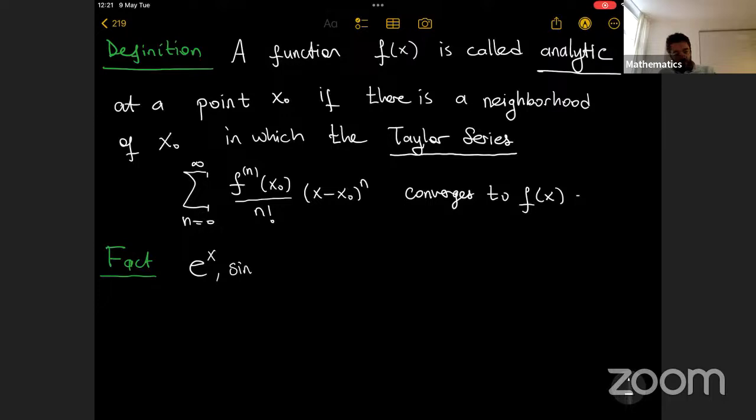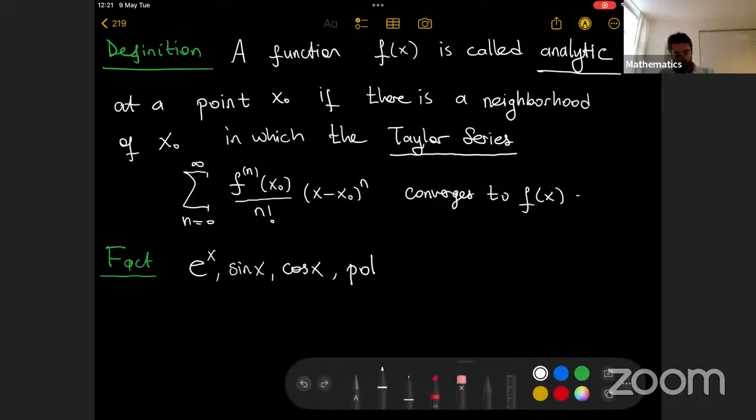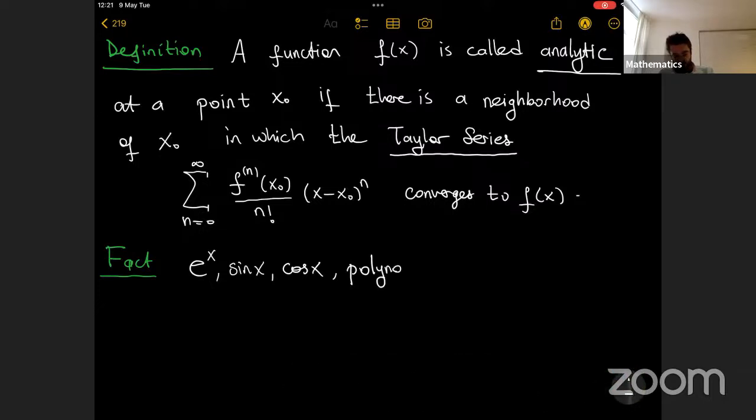Exponential, sine x, cosine x, polynomials, they are analytic at any point in the set of real numbers, analytic everywhere.